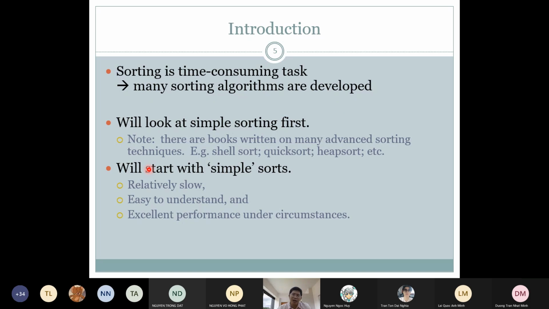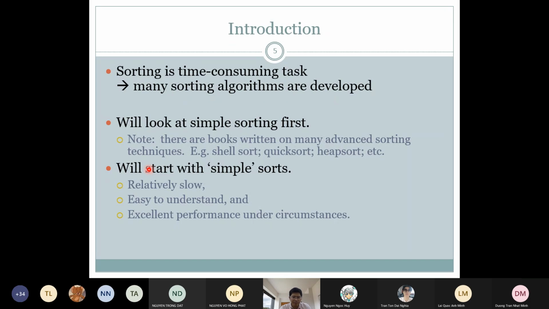For instance, if we have an array of 10 elements, just a very small array, we don't need complicated things because the difference there is not that much, but the complicated algorithms need to do many steps, so we waste something. So for a small array, normally people can use basic sorting algorithms.